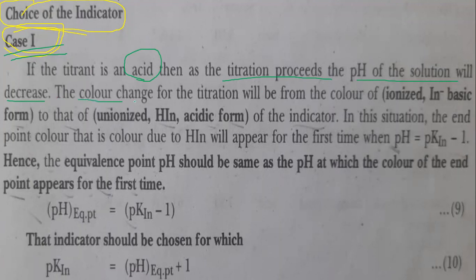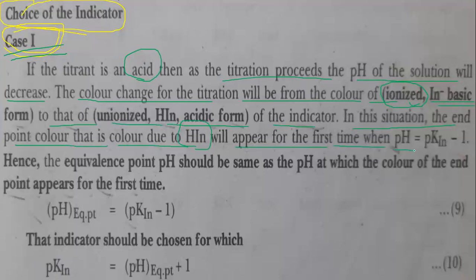The color change for the titration will be from the color of ionized form, that is basic form, to that of unionized form, that is acidic form.